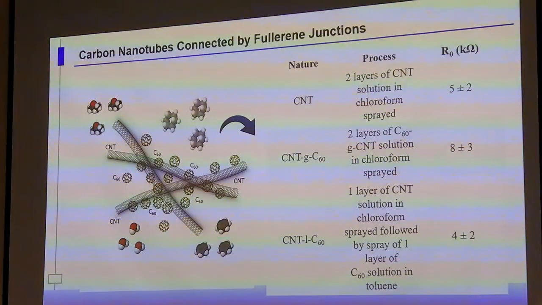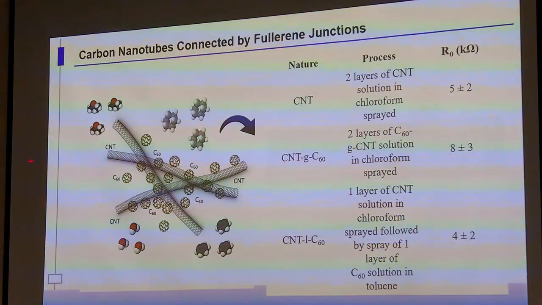What about mixing carbon nanotube with another carbon material? Here we have carbon nanotube and fullerene, two different types of nanomaterial. They were either mixed, or we played with the chemistry and grafted C60 on the carbon nanotube.